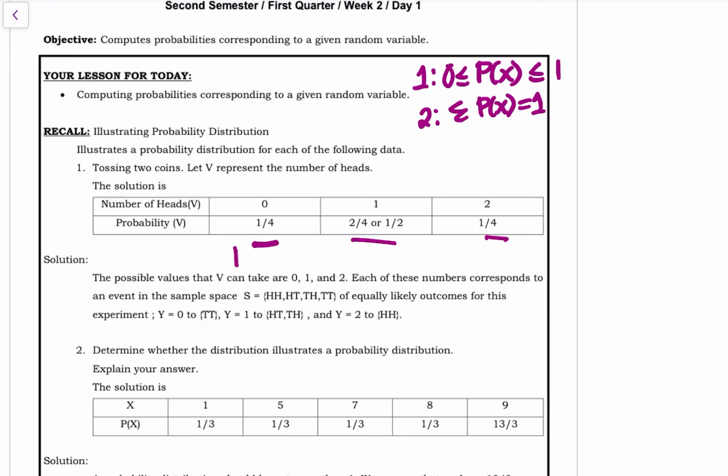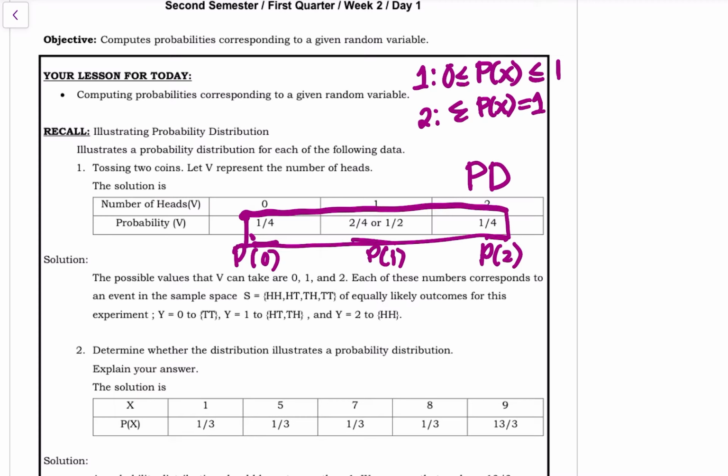So we have the probability of 0, probability of 1, and also probability of 2. And we could say that yes, this is a probability distribution, kasi if we are going to add all of this proper fraction, it would be equal to 4/4 or equal to 1.